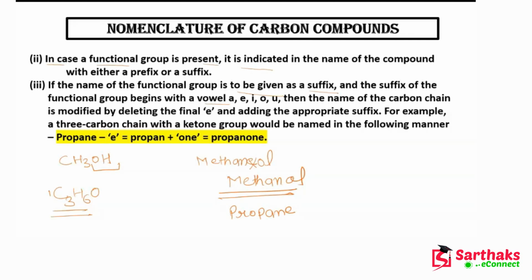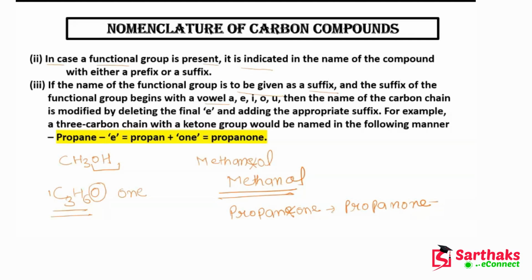Now this O is a functional group and the suffix we use here is one. So first of all we will remove this e and simply add one here, so it will become propanone. The name of this compound is propanone.